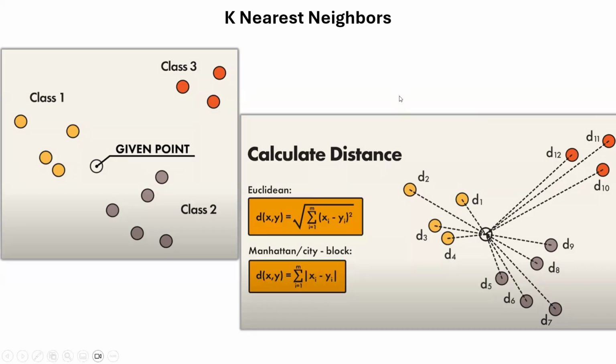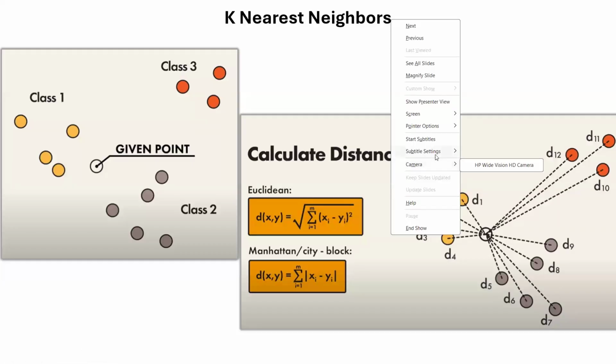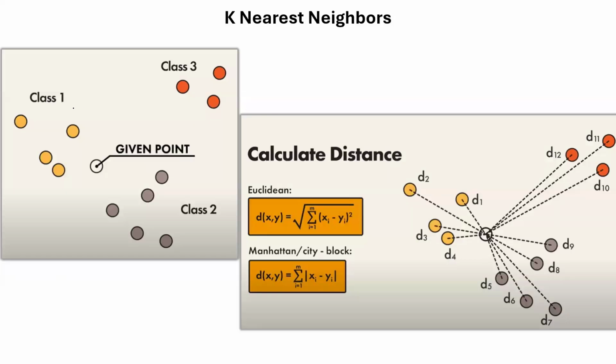Let's suppose you consider all of these as different classes here. When you get a new data point, what you have to do is assign that particular data point to a specific class. This is class one, this is class three, and this is class two. We have three different classes here.